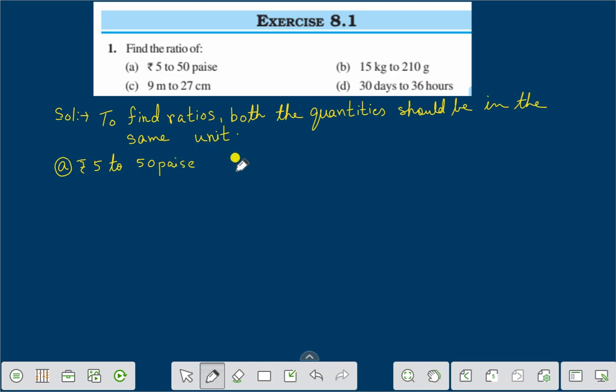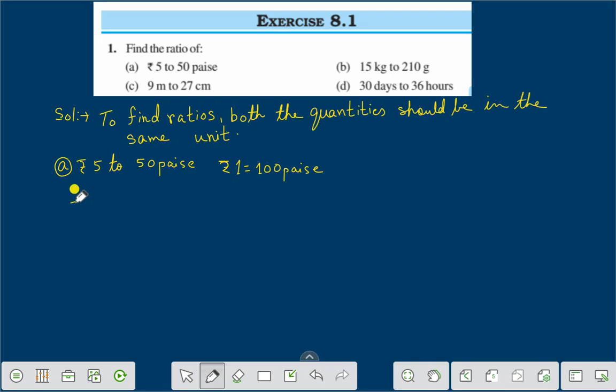You know that rupee 1 is equal to 100 paise. Therefore, we have to change these rupees into paise. That is 5 into 100 paise.